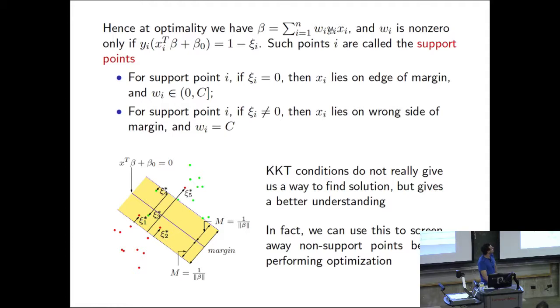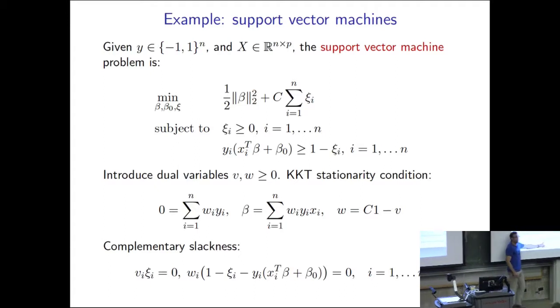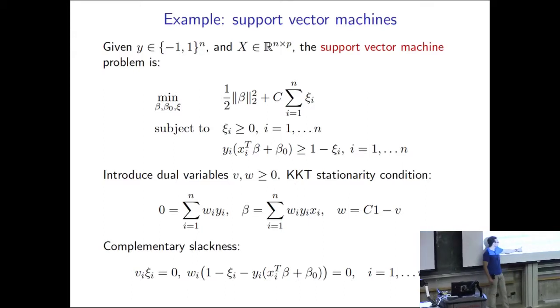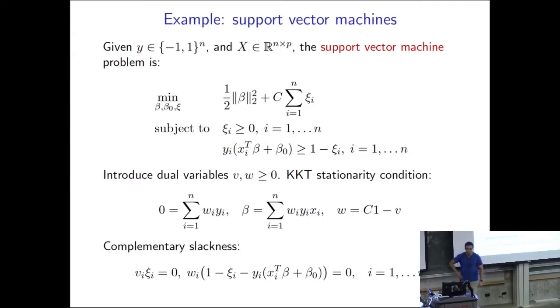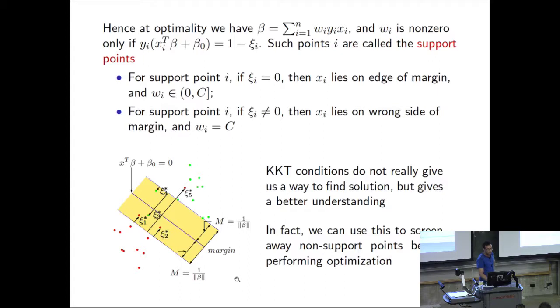So the support points, again, are the data points for which wi is not 0. And from complementary slackness, this can be non-zero only when this is equal to 0, because if this were not equal to 0, complementary slackness would force wi to be equal to 0. So support points only occur when this whole term is exactly equal to 0.